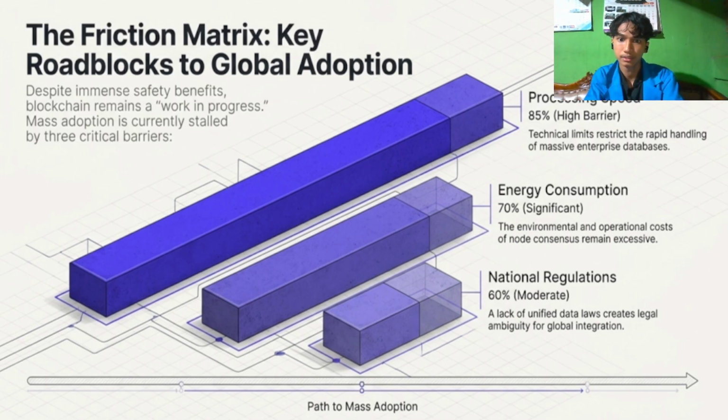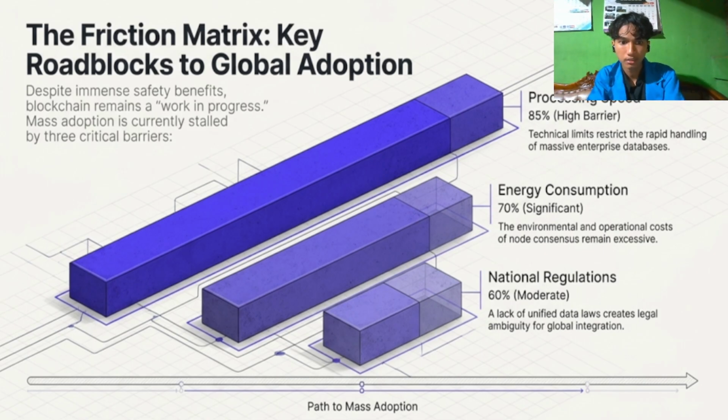Friction matrix, key roadblocks to global adoption. Despite immense safety benefits, blockchain remains a work in progress. Mass adoption is currently stalled by three critical barriers. First, processing speed is at 85%. High barrier, technical limits restrict the rapid handling of massive enterprise databases.